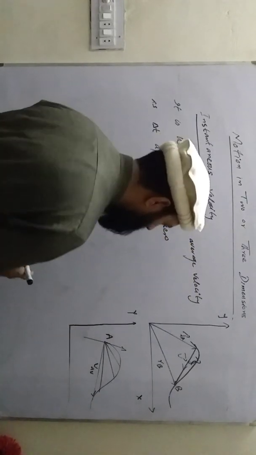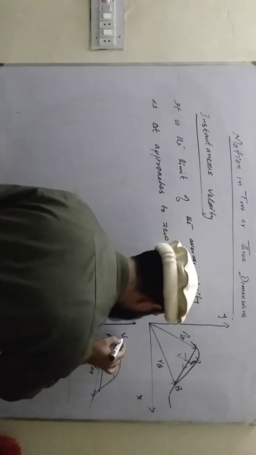So the instantaneous velocity is different from the average velocity.